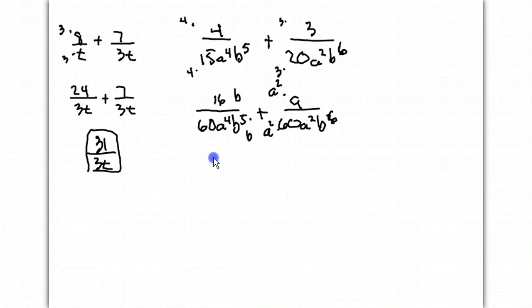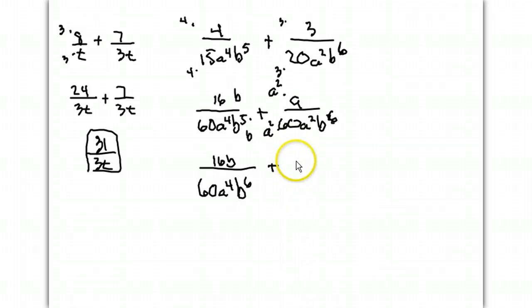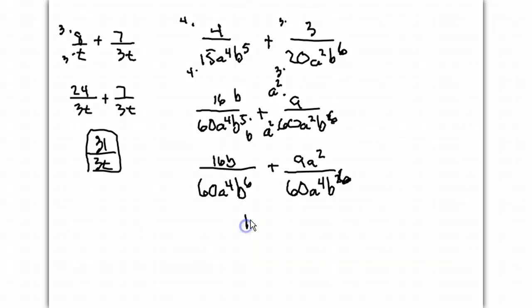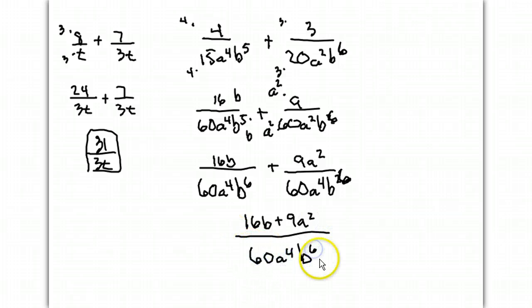So what you end up having is 16b divided by 60a^4 b^6 plus 9a squared divided by 60a^4 b^6. So now the denominators are the same, so you can go ahead and add it up, and you get 16b plus 9a squared divided by 60a^4 b^6.